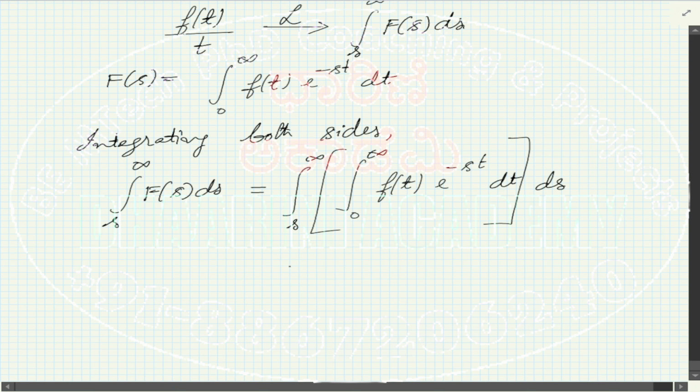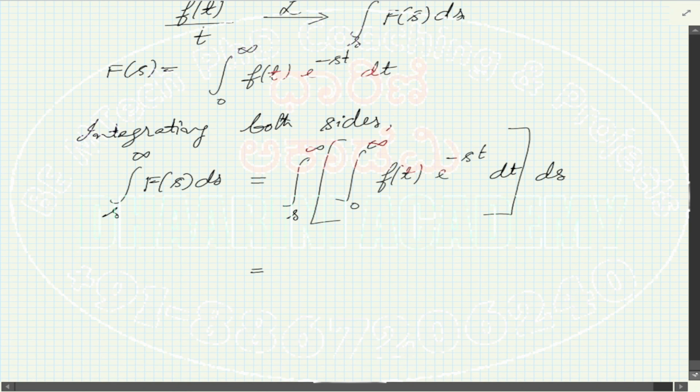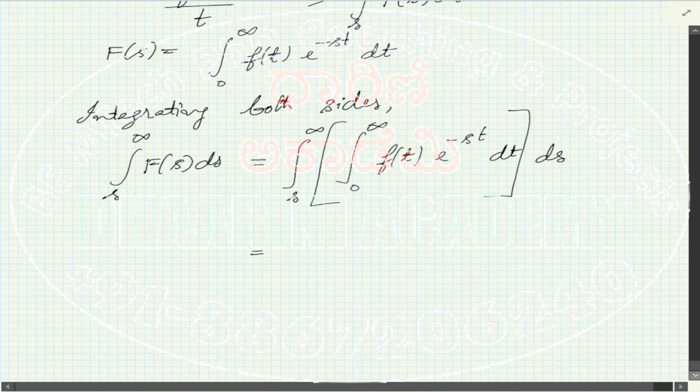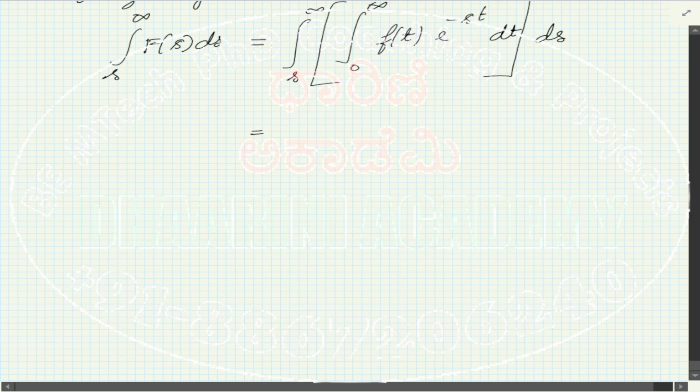Right, now what I perform is a very standard technique in integration. It is called changing the order of the integration. So how to do that? Bring the integral which is present inside the brackets to the outside, that is integral 0 to infinity, right? And bring the term which has the integral s to infinity to the inside, that is s to infinity, right? We'll write it in this way now.